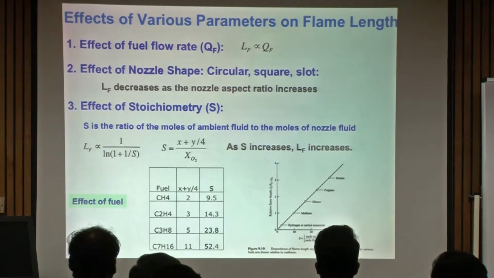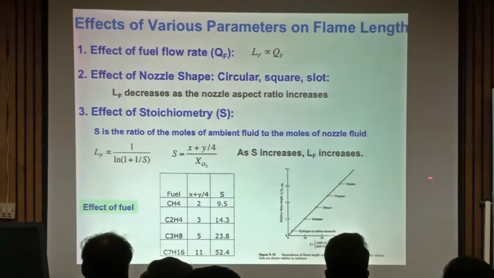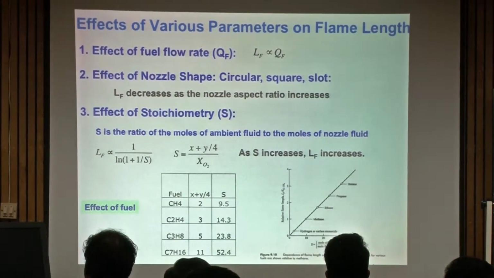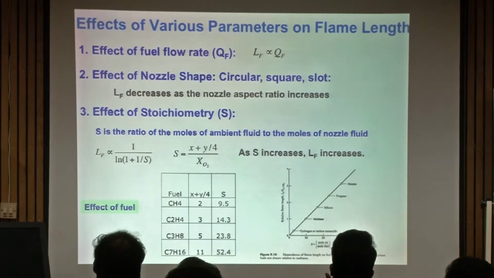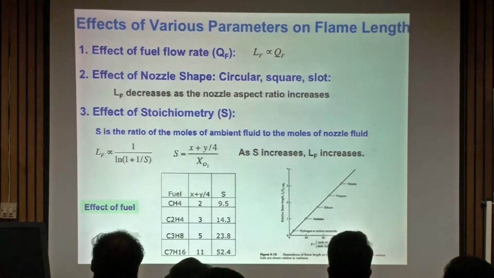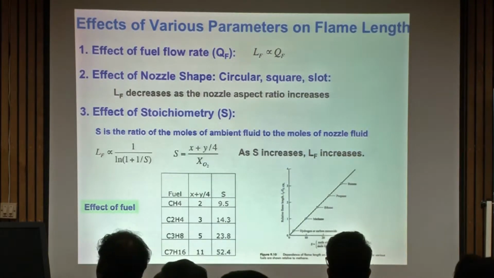Next is now S. We just discussed two examples for S. For any given fuel, you can calculate the value of S. How would you calculate the value of S? Just using the stoichiometry equation, right? Take 1 mole of fuel and then calculate how many moles of air.